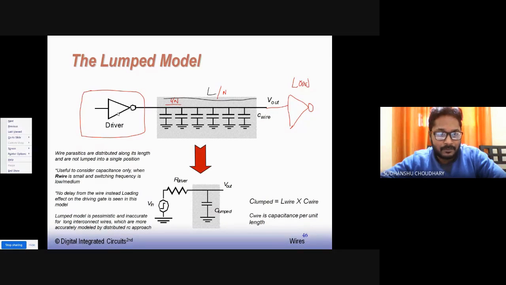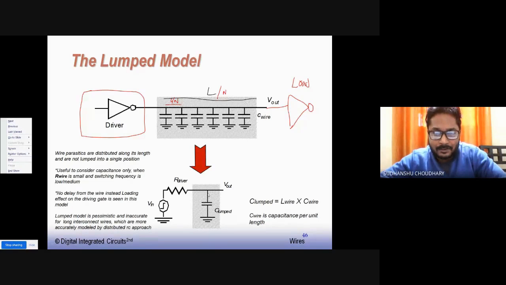this driver. Okay. Now this lumped model, where you club all these capacitances into a single capacitance, is an inaccurate approach, and it becomes inaccurate for long interconnect wires, because long interconnect wires will also have resistances associated with the wire. As the wire length increases, we understand that the resistance of the wire also increases.